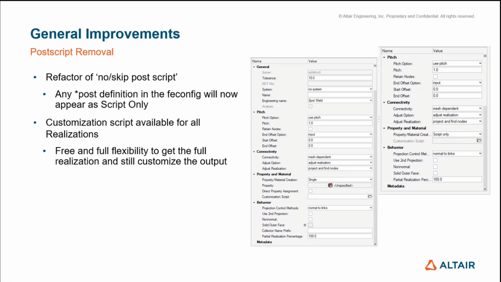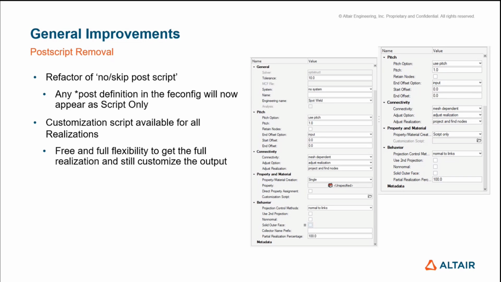What this can mean is for things like SimQuad LTB or other different realization types, if you want to add a pretension, if you want to create sets for your heat affected materials, or anything you want to do from a customization point of view that might not necessarily want to go through core, but might want to be something that your customer is explicitly asking for, the customization script allows you to get a full and complete realization, including things like contacts, including all of the other things that you would normally and ordinarily get out of the connector realization.